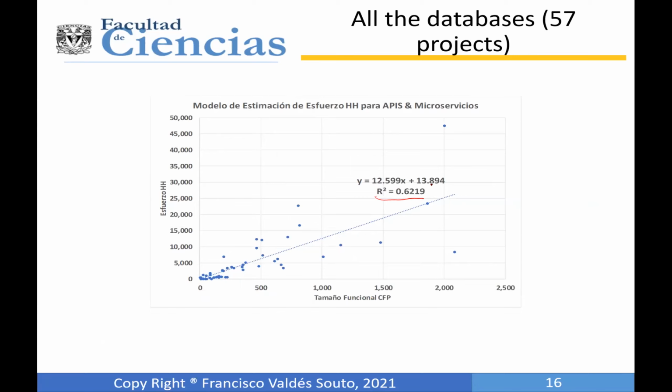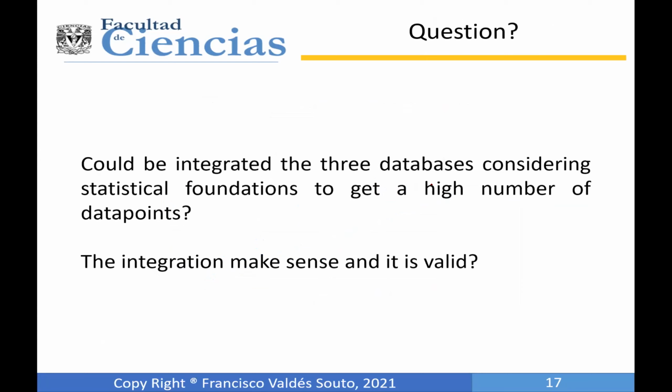So the situation here is that the 3 databases could be integrated considering statistical foundations, not only with the goal to get a high number of data points. The integration must make sense and be valid. This is the main question in this case study.